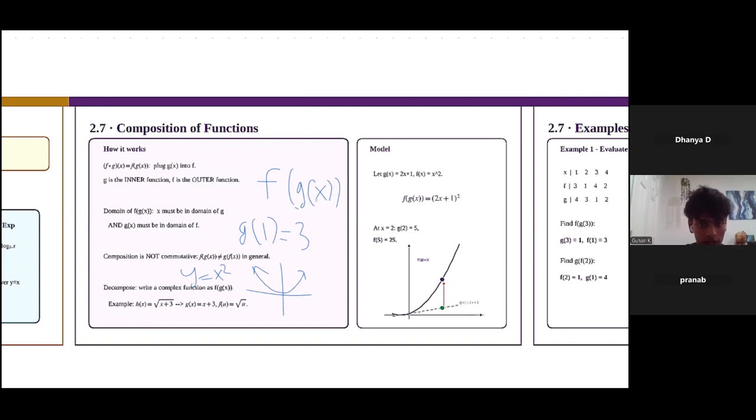So now it's just f of 3. It's asking, what's the value of f when x equals 3? We plug that into y equals x squared. 3 squared is 9. So the answer, when we're putting x equals 1, is 9.